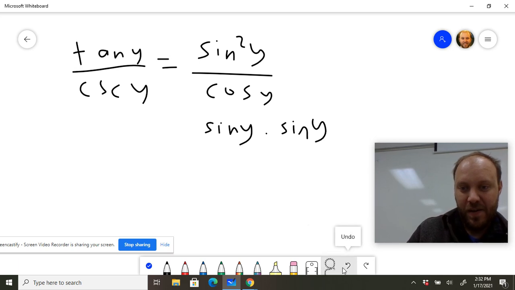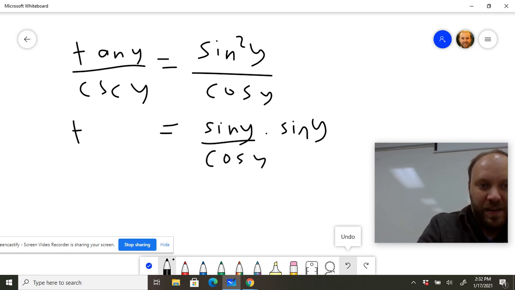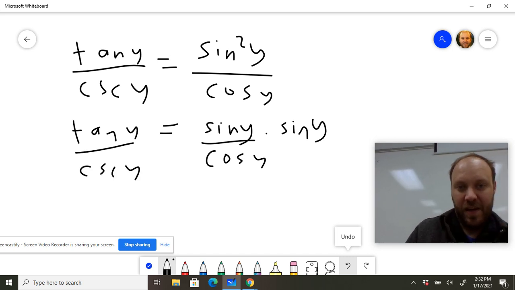So I'm just going to write this over the cosine of y. Okay, and then of course the left-hand side still doesn't change. And you can see there we have a tangent, and the reciprocal of this is cosecant.